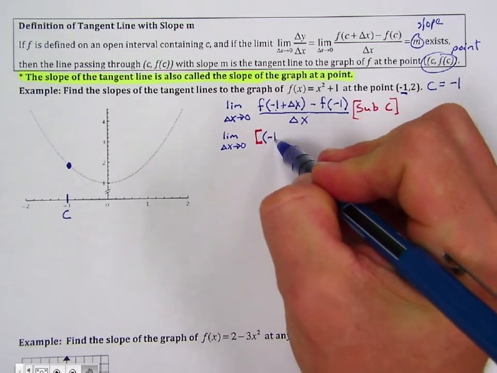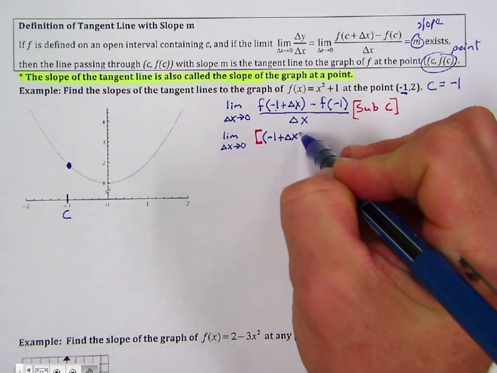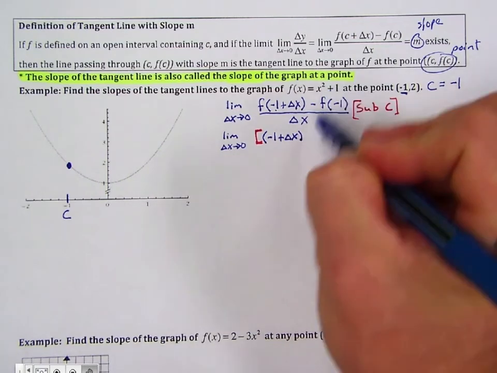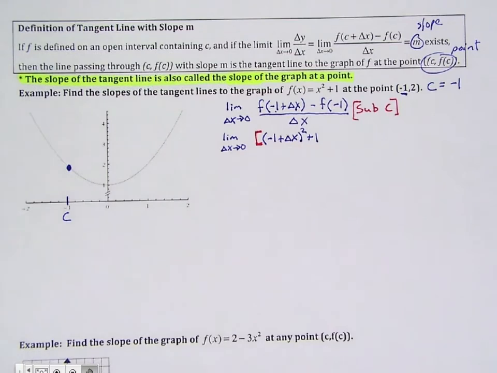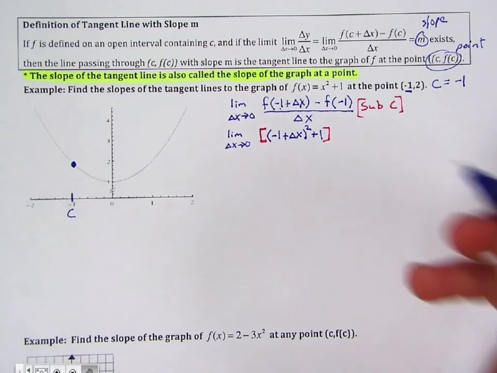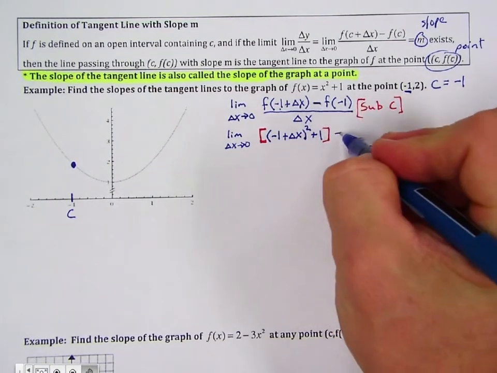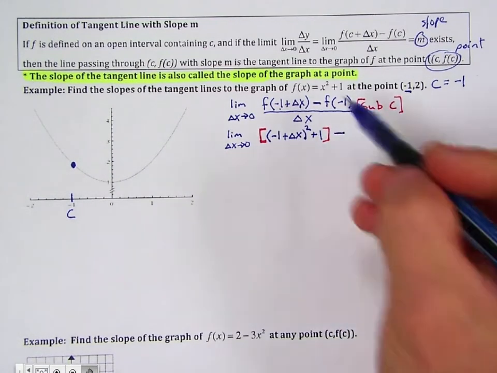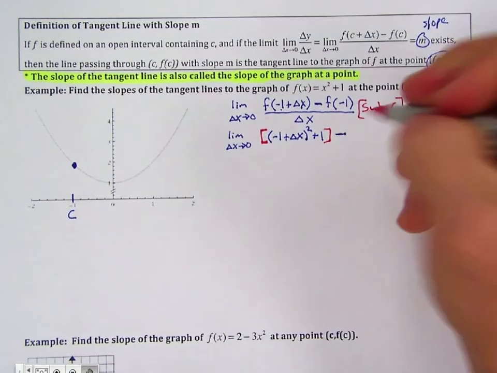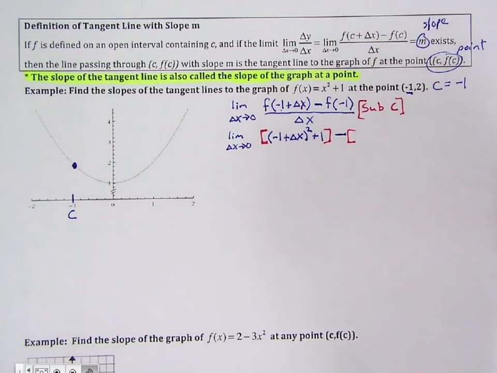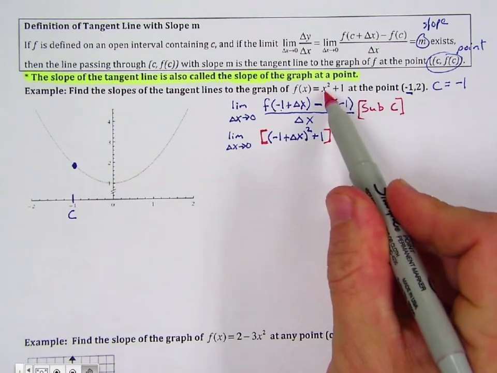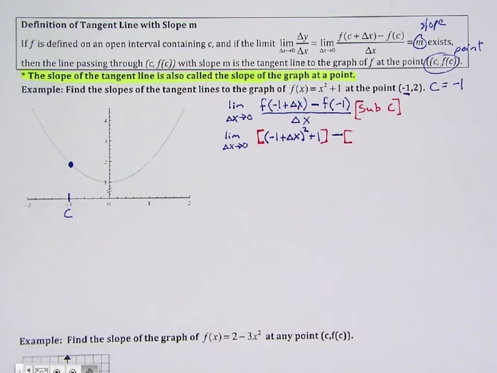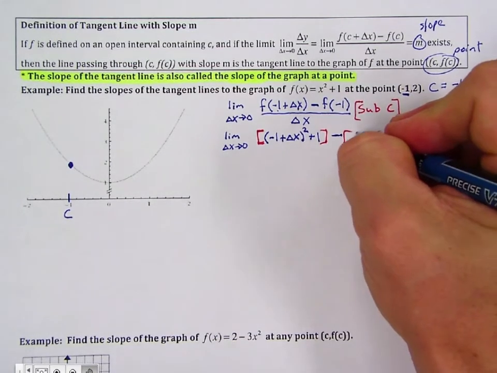So we have -1 plus delta x, squared, plus 1. And then you're going to close your square brackets. Now we have minus. And now you see another f, so you're going to open up your square brackets and do f of -1. So you're going to take -1 and substitute it in for x in our function. And remember, we're going to use parentheses here.